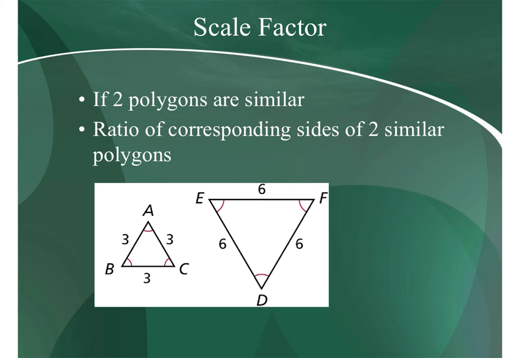The ratio of corresponding sides of two similar polygons is called the scale factor, and it must hold for all sides in two similar figures. Will it always be like 2 times the amount? No, it won't always be 2 times.